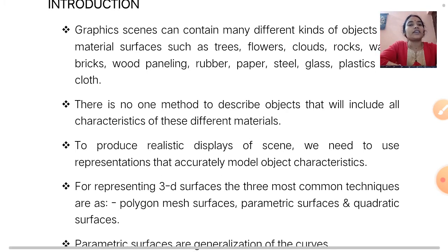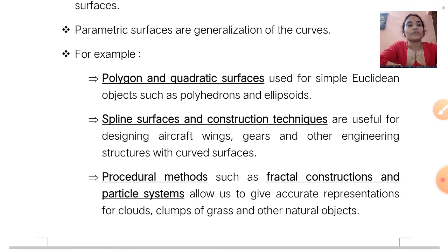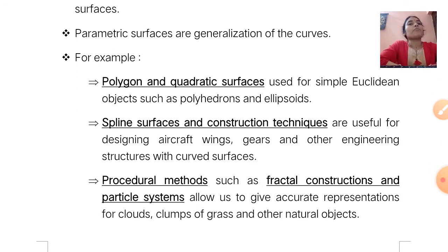These three techniques are used to represent 3D objects. Parametric surfaces are a generalization of curves. For example, first is polygon and quadratic surface.